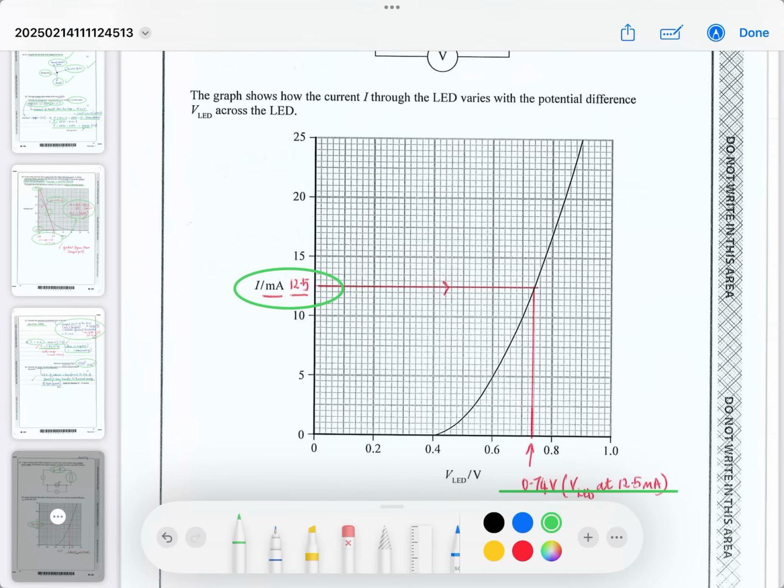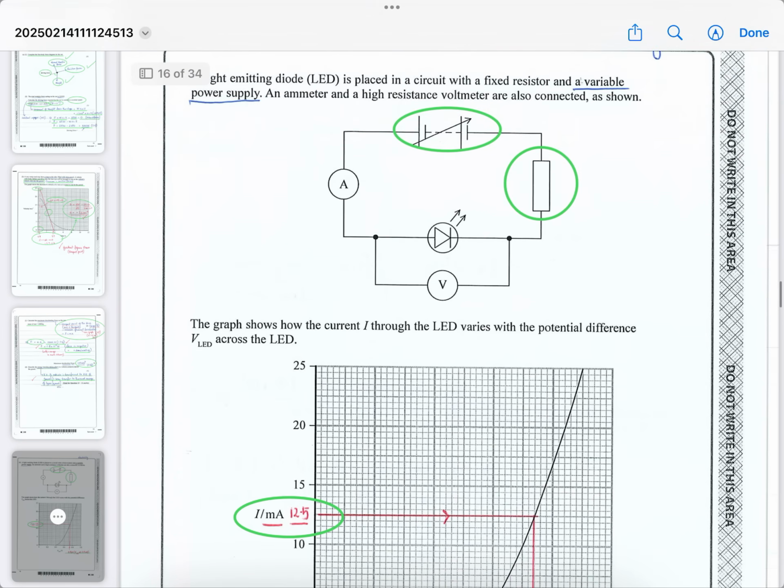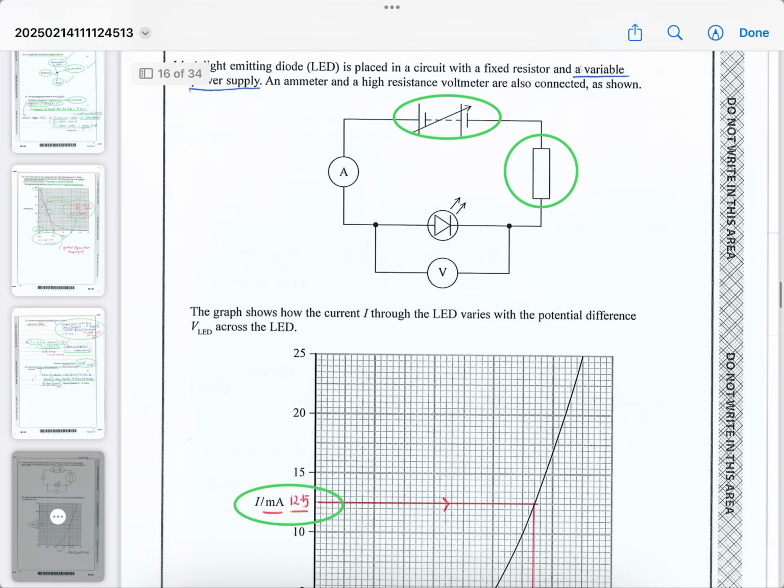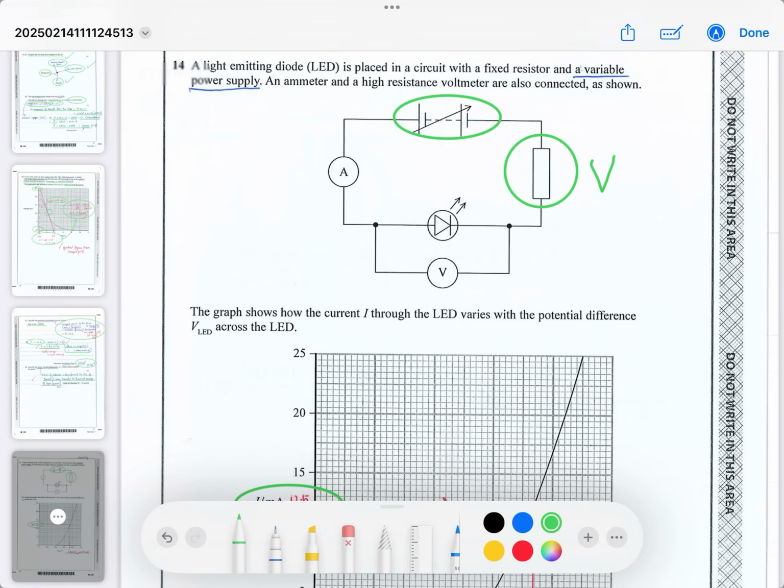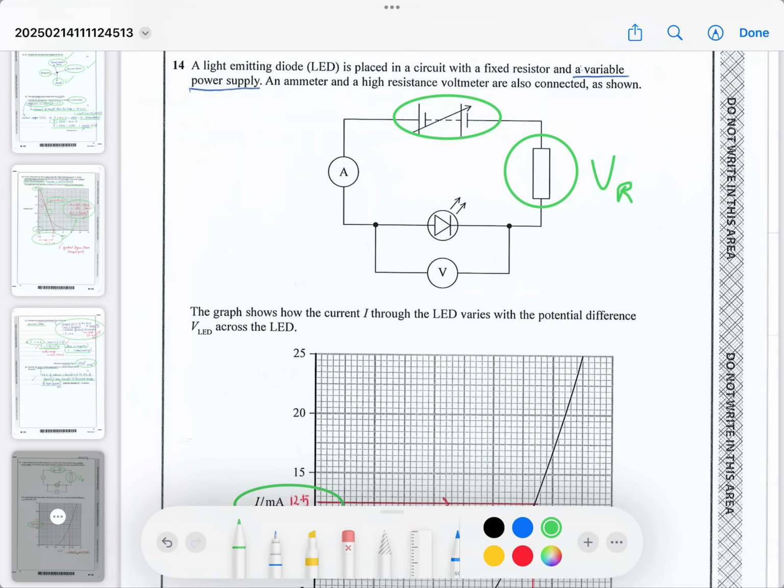So if the LED has 0.74 volts, the rest of the battery's voltage will be across the fixed resistor. You've got the voltage of the LED, and then the voltage of the resistor, and together, according to Kirchhoff's laws, the voltage of the supply will equal the voltage across the components shared between them.